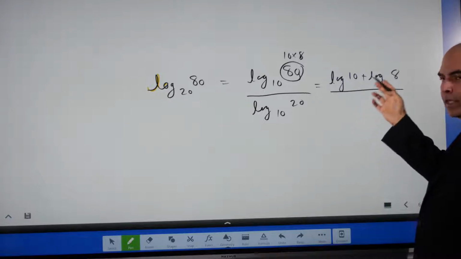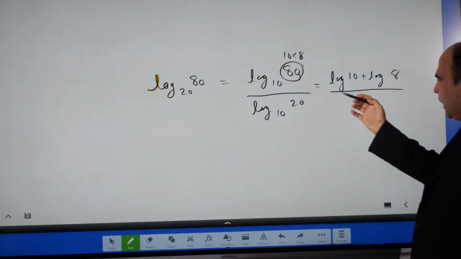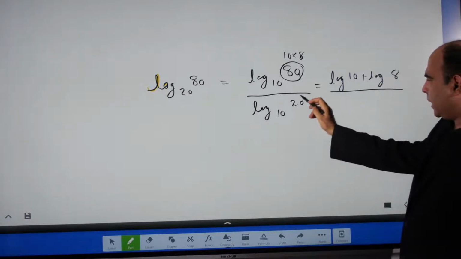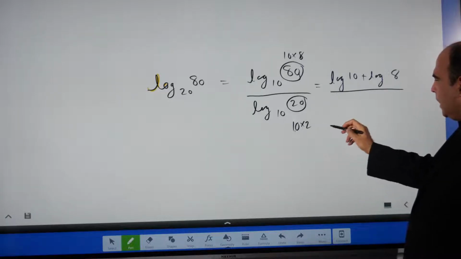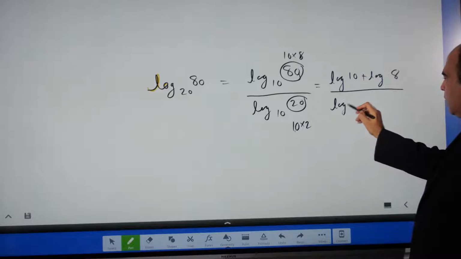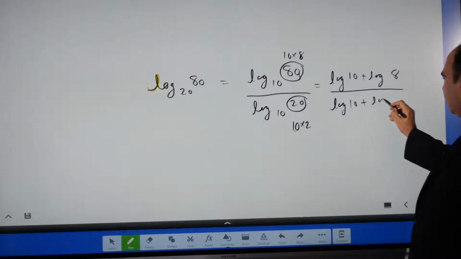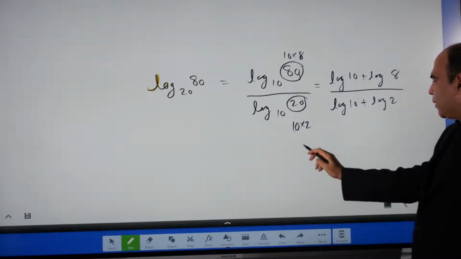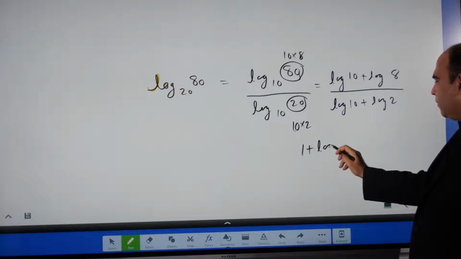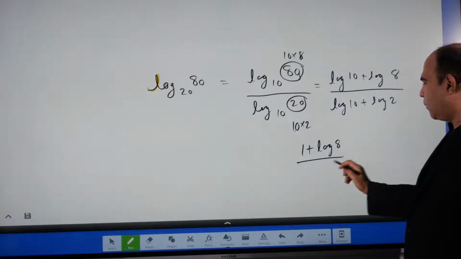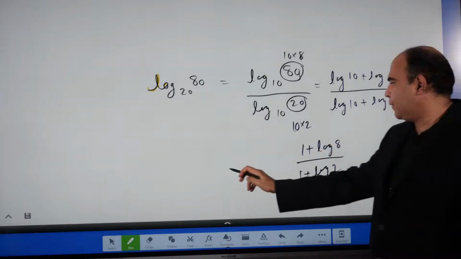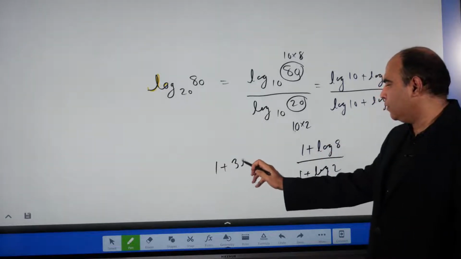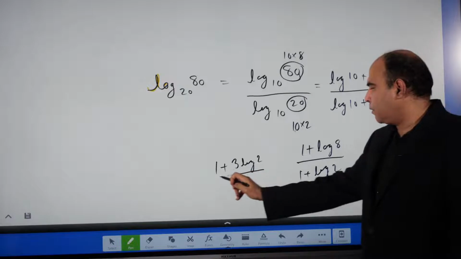So log 10 to the base 10 plus log 8 to the base 10, and the denominator, I can think of 20 as 10 into 2, and this will become log 10 plus log 2. So the final simplification of this is 1 plus log 8 upon 1 plus log 2. Or this can further be written as 1 plus 3 log 2 upon 1 plus log 2.